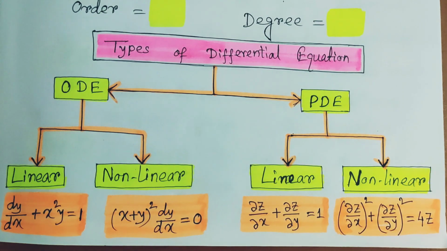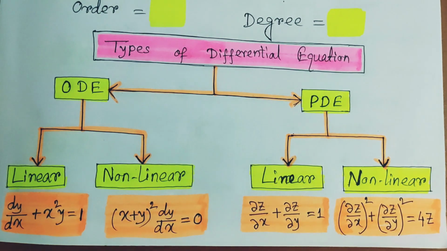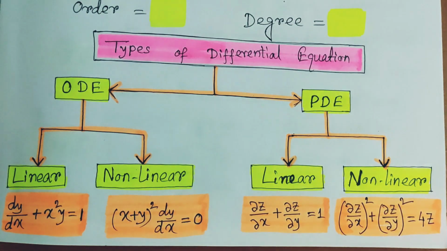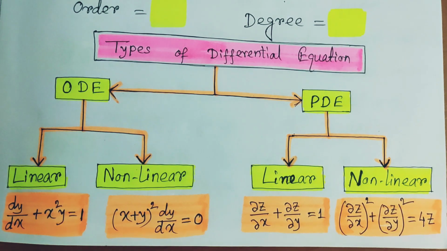For non-linear, look here: (x plus y) whole square dy/dx. dy/dx is first order, but for y we find the second power, so it is non-linear. Similarly for the PDE, ∂z/∂x plus ∂z/∂y equals 1 is the linear one, and (∂z/∂x) whole square plus (∂z/∂y) whole square equals 4z is the non-linear one.